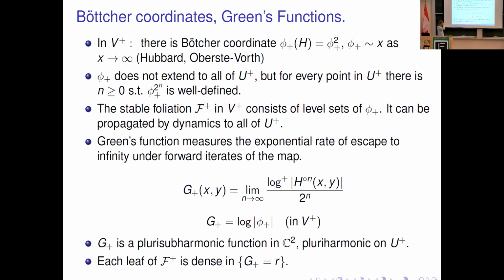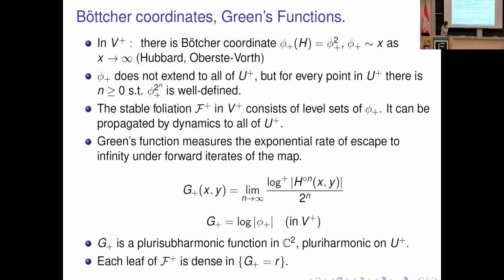The Green's function is log of V plus, so you think about it as log of absolute value of x in V plus. It is defined everywhere, the same as for polynomial maps. It's a pluri-subharmonic function, and it's pluri-harmonic in U plus.